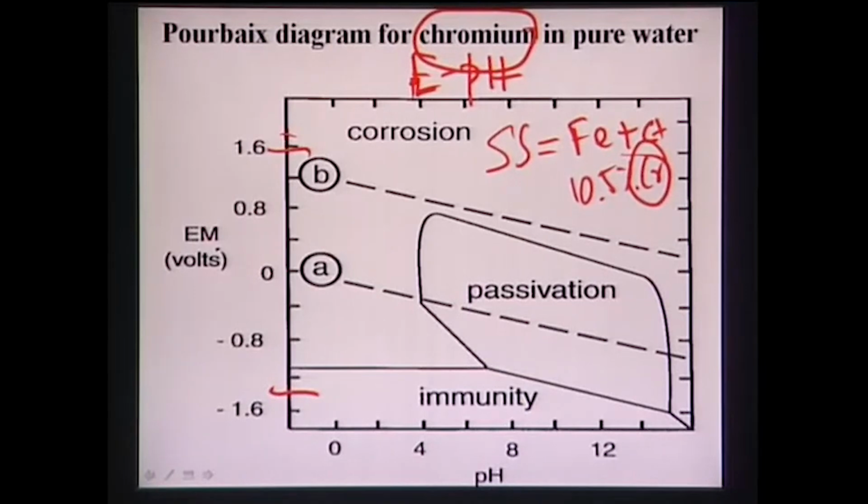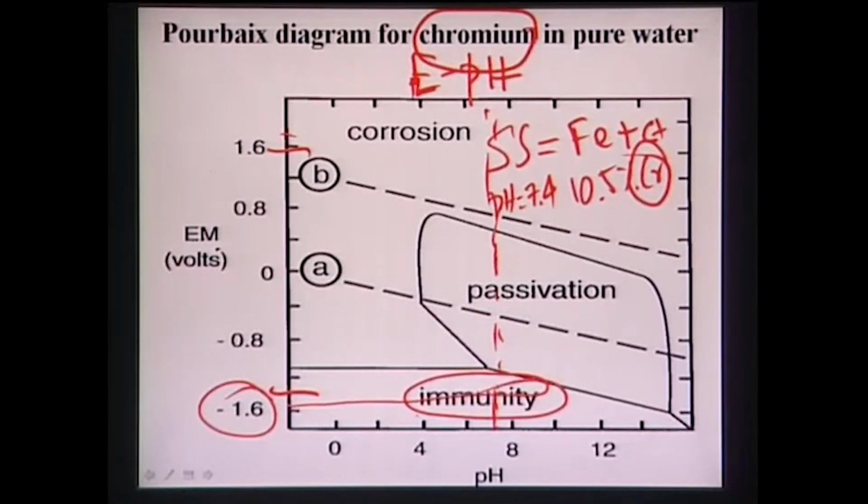That is the reason why I am showing the Pourbaix diagram of chromium. Now what you see here is that around 7.4, this is the line, if I can draw, at pH equal to 7.4. If the electrochemical voltage is highly negative, then it is in the immunity region. Immunity means that the stainless steel will not undergo any corrosion, that means it will be immune to corrosion. So the surrounding environment will not have any corroding effect on the chromium.